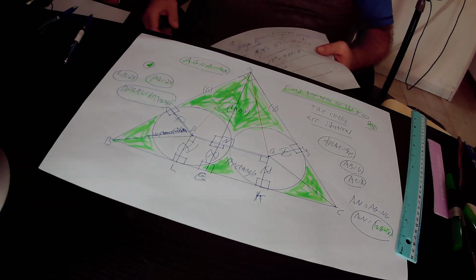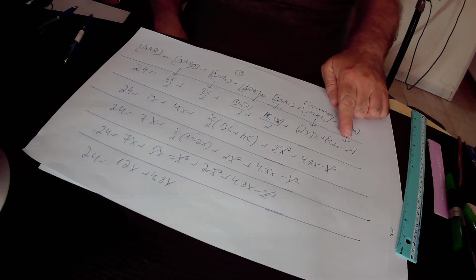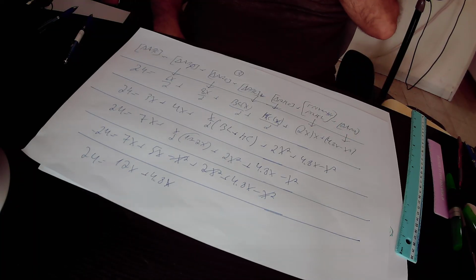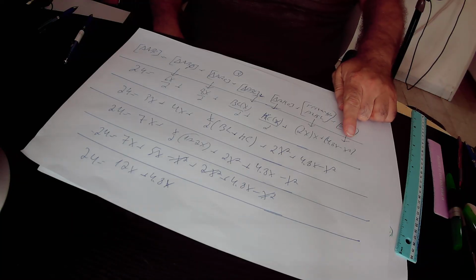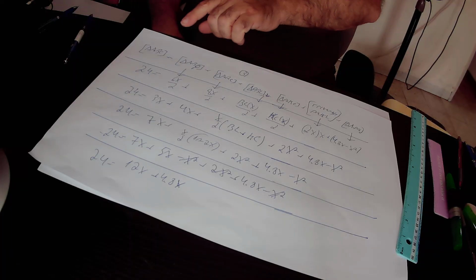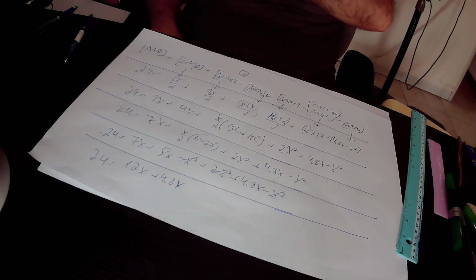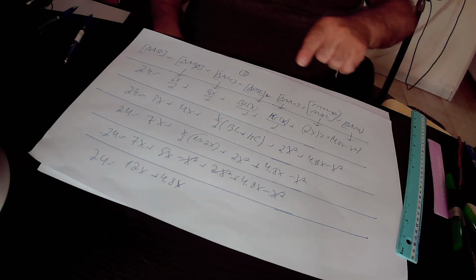We already found out that the area of triangle APQ equals 4.8x minus x squared. So the triangle equals 24, and we simplify this expression.